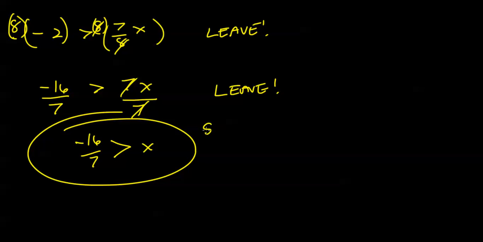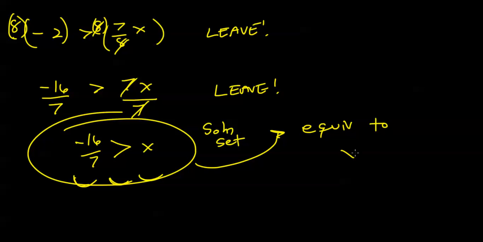Here is my solution set. Now again, if minus 16/7 is greater than x, that means x is less than minus 16/7. Please convince yourself this is equivalent to x less than minus 16/7. The arrow always points to the smaller quantity. Okay?